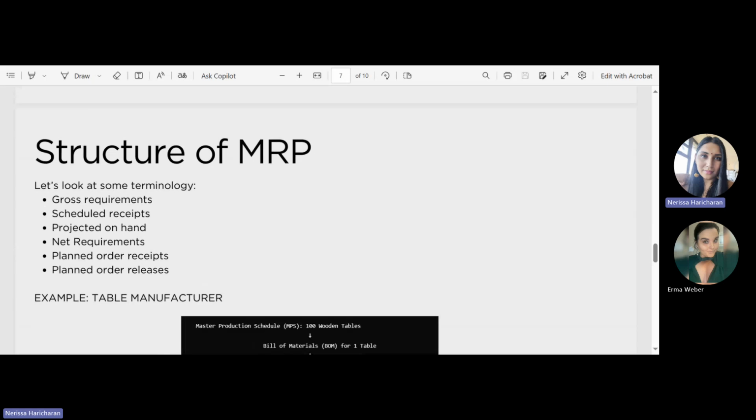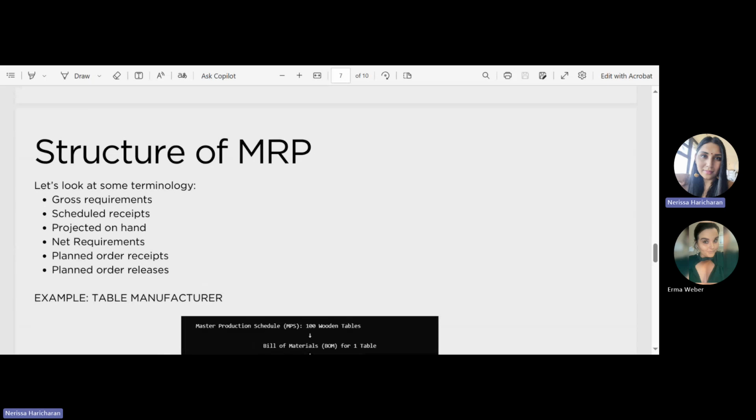So if you are running production periods that are very specific based on the product, you will have different time frames of when different items are going to be available, and you're going to have scheduled receipts and any inventory left over, etc.